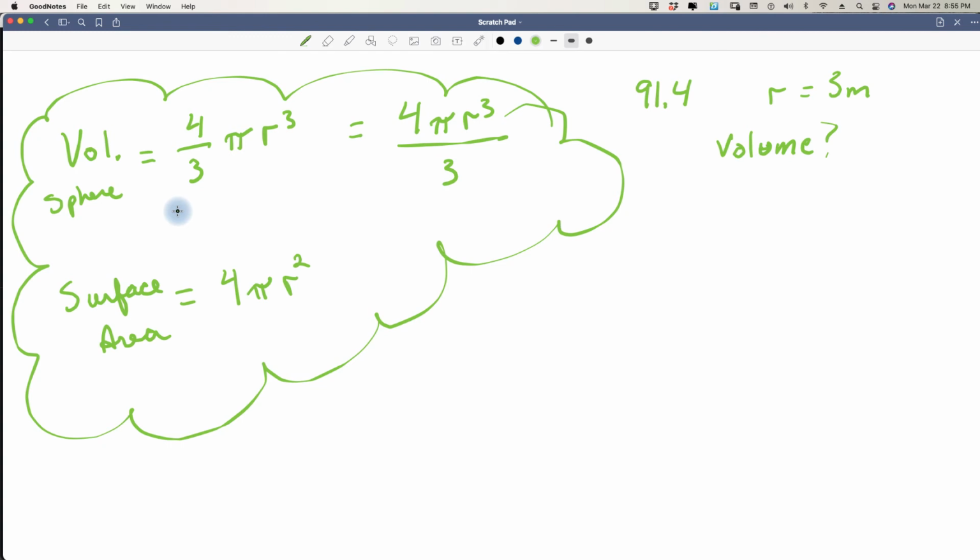Okay, so we just use our formula over here. And the formula is 4 times pi times r cubed divided by 3. That's the one I like to use. It's the same thing as this one, just written a little different. So we have 4 times pi times 3 cubed divided by 3.